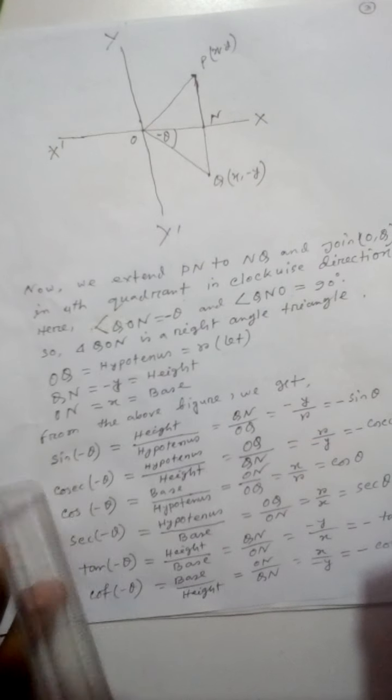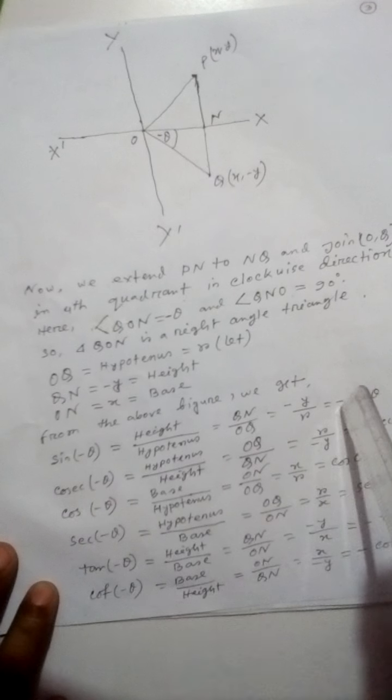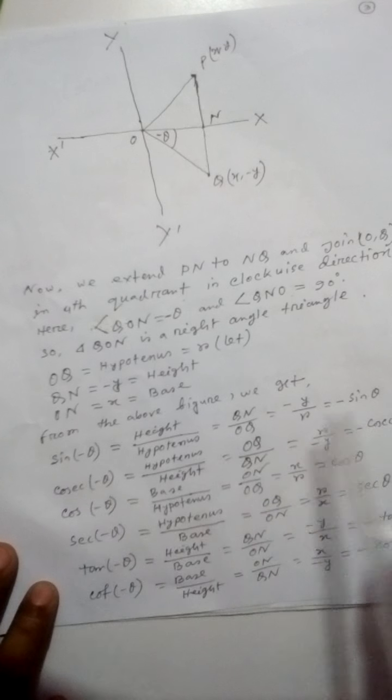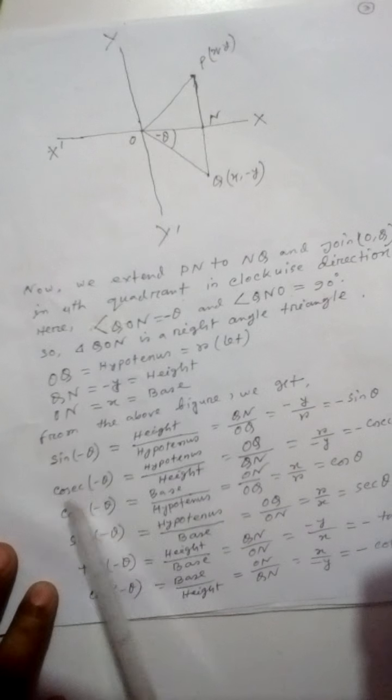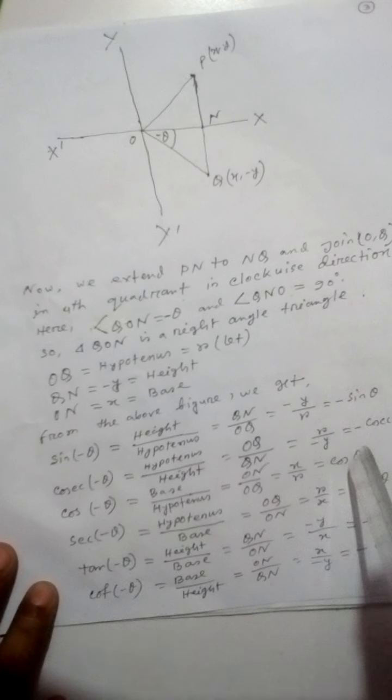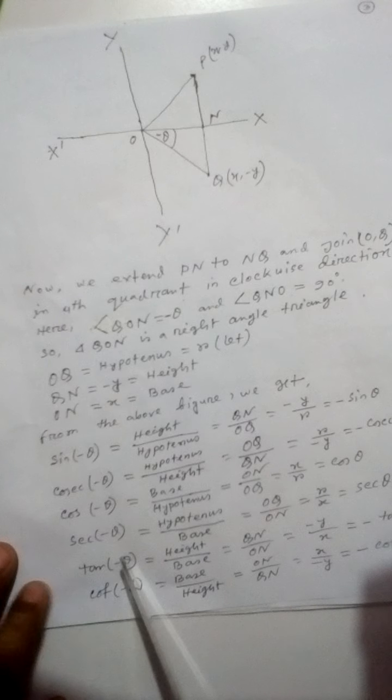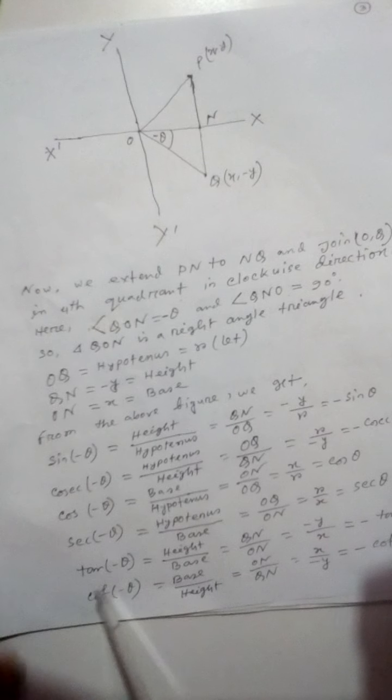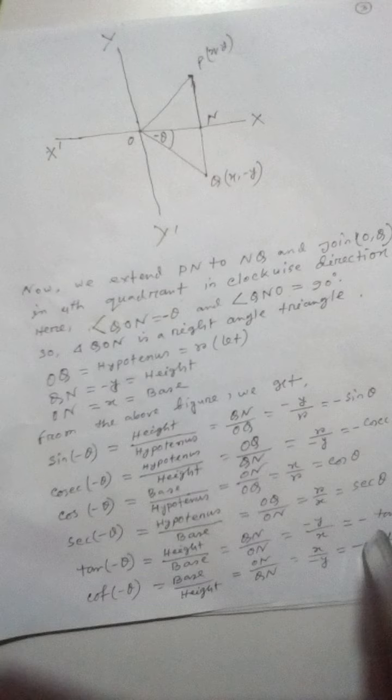So we see that sin minus theta equals minus sin theta, cosec minus theta equals minus cosec theta, cos minus theta equals cos theta, sec minus theta equals sec theta, tan minus theta equals minus tan theta, cot minus theta equals minus cot theta.